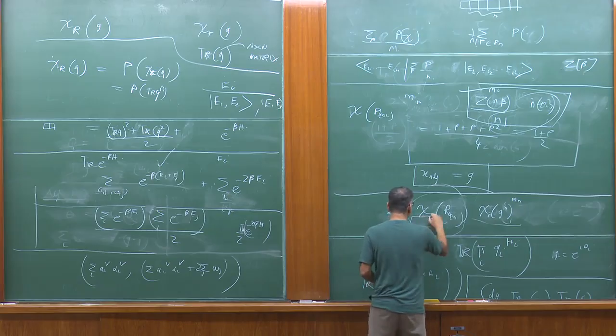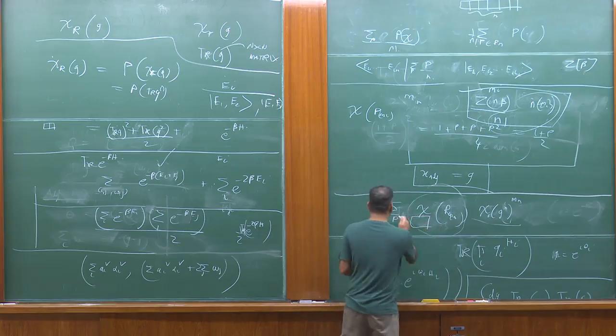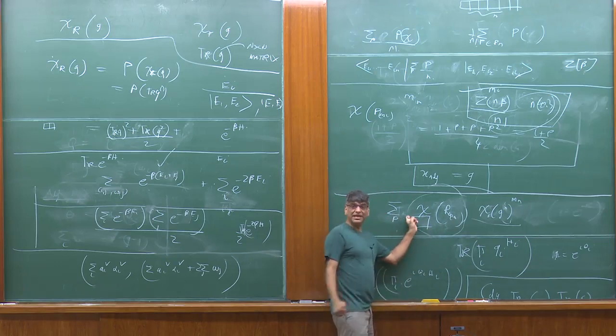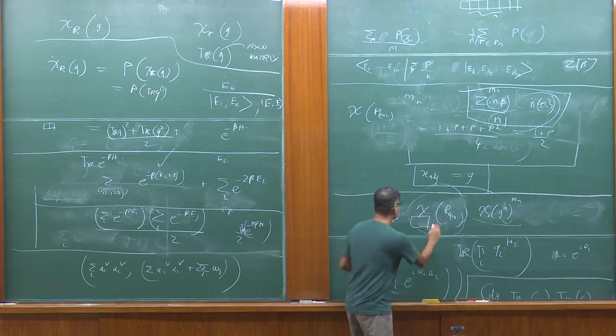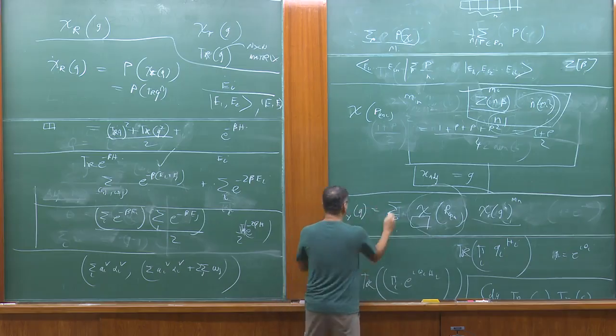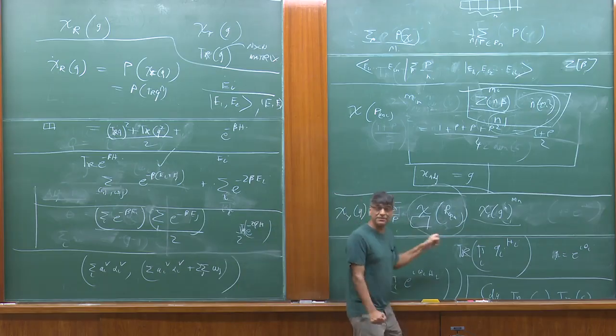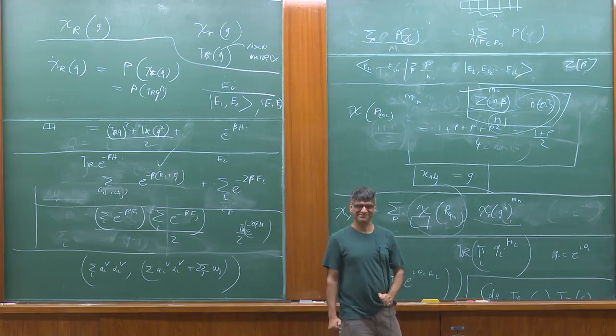In the representation labeled by the Young tableau. So this formula works for any Young tableau. Young tableau labels representations of SUN, but it also labels representations of the permutation group.